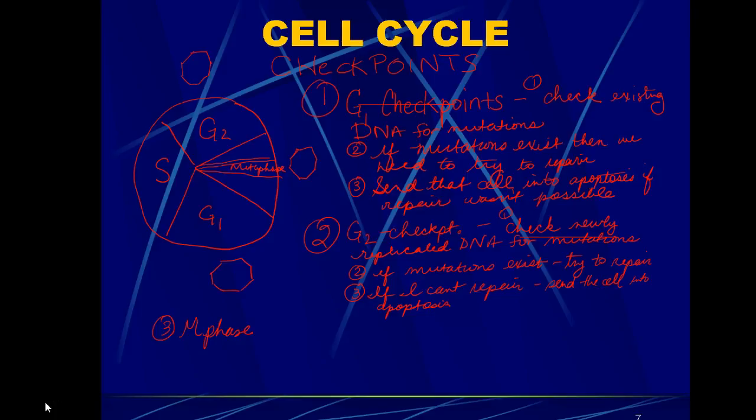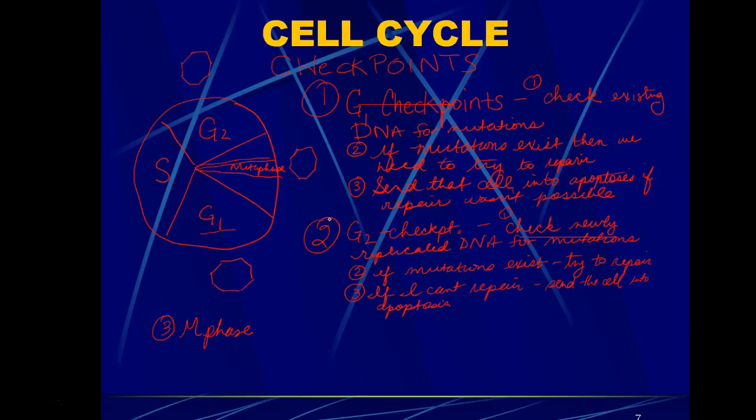Again, we said the first checkpoint is at G1, and that checkpoint is going to allow us to check the DNA for everything that you've been exposed to. So here's that checkpoint that we're referring to. Here's my little stop sign. So it's going to, again, check existing DNA for mutations.